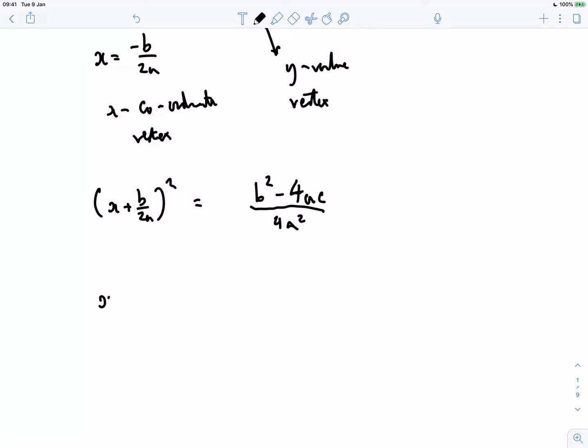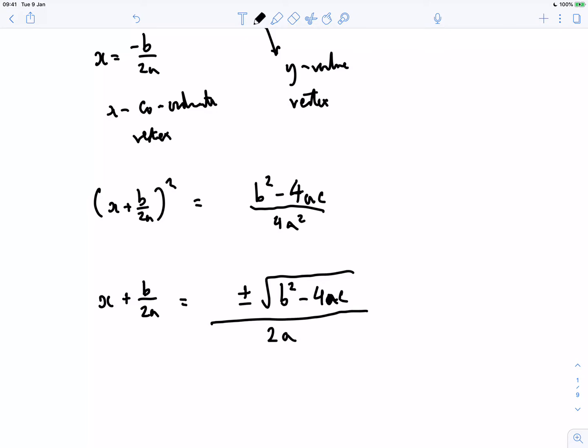And now if I square root both sides, I'll get x plus b over 2a equals the positive or negative square root of b squared minus 4ac, and this is all over the square root of 4a squared. Well, the square root of 4 is 2, and the square root of a squared is a.